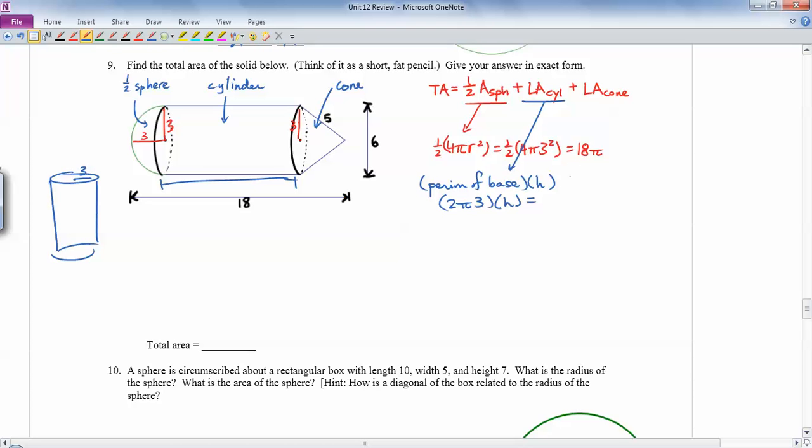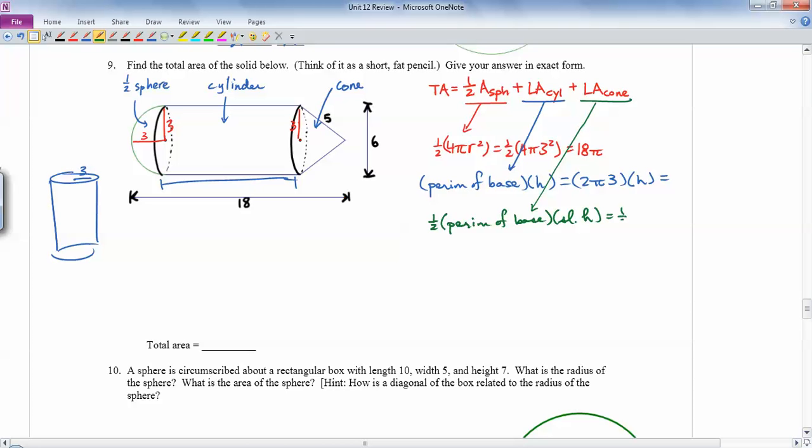So let's see. Let me actually move this over here. Okay, so this part we're not sure what this is yet. It's 6 pi times h. And then I got the lateral area of the cone. So lateral area of a cone is given by 1/2 perimeter of the base times the slant height.